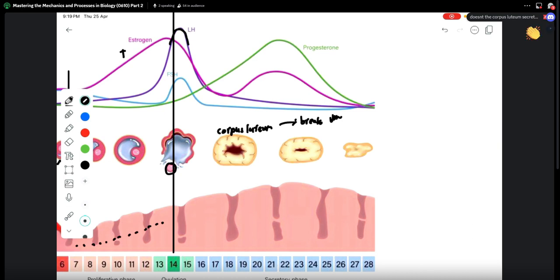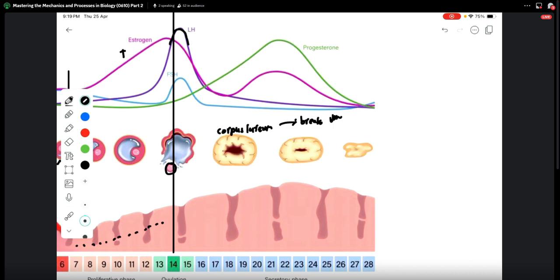So corpus luteum first, in the first few months, will secrete the progesterone. Then implantation occurs, and after a while the corpus luteum will degenerate, or basically it self-destructs, and then the placenta takes over by secreting the progesterone.